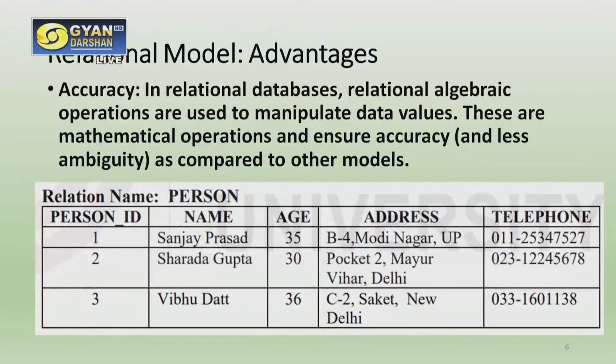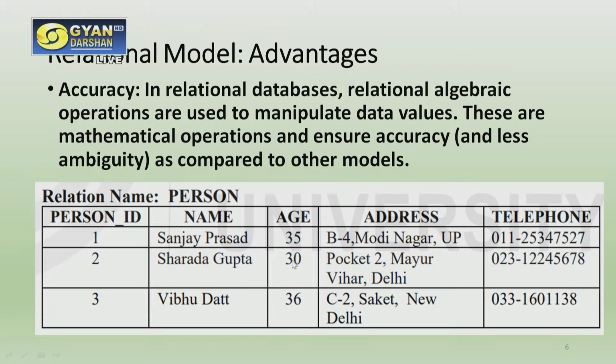Are there any more advantages? Yes, accuracy. Accuracy is there in the relational model because of the relational algebraic operations which are possible. You can manipulate data values, and you can put a lot of integrity constraints over these values. For example, on age, we can specify that the age should not be more than 60 years.